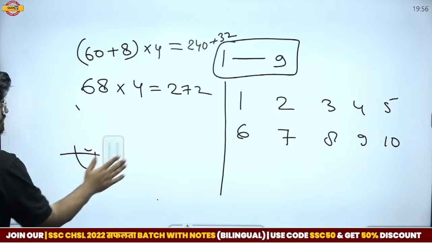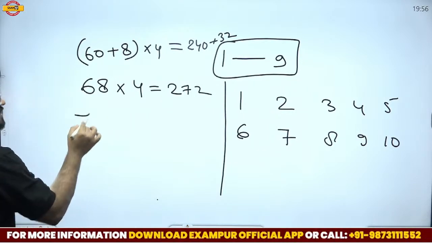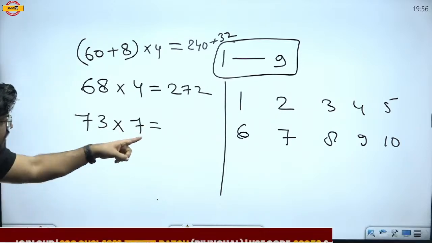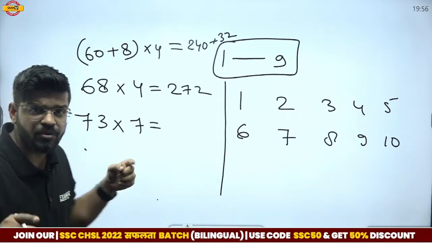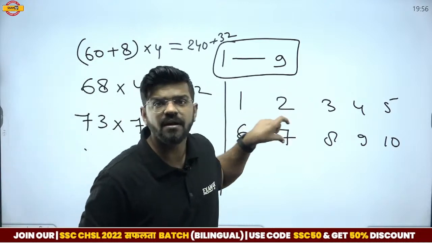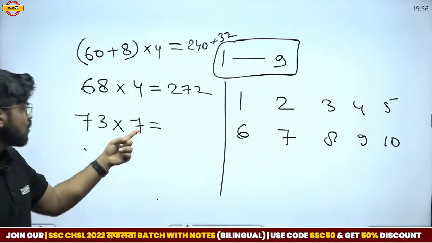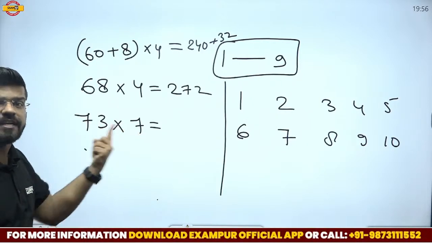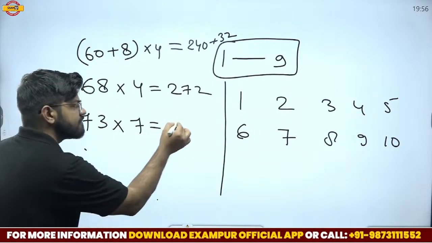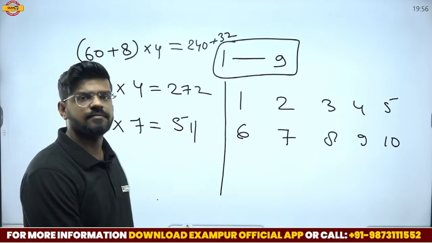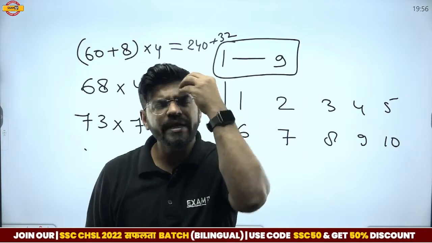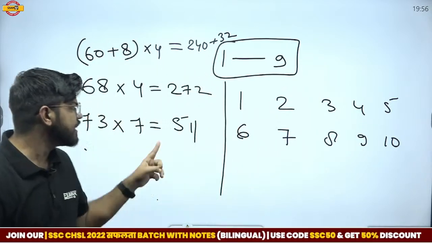If I have to calculate 73 into 7, what can I say? 7 sevens are 49. You don't have to say that, because I told you that you have to remember by looking at it. So 490 and 21. You don't have to say 21, because the 1 is going to be here only.